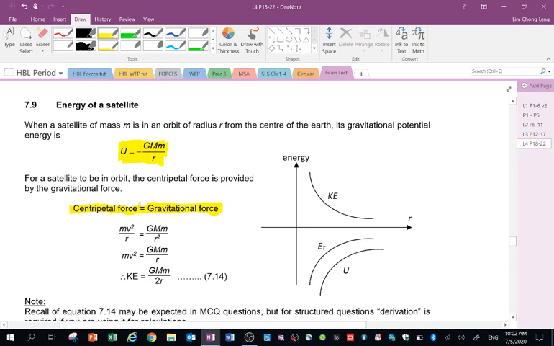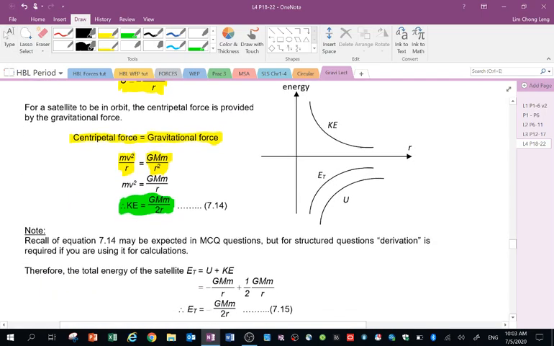We have already seen this before. That is, we equate the centripetal force to the gravitational force, and eventually we get the equation Ke equals GMm over 2r, right?